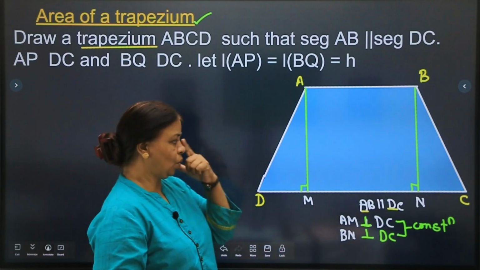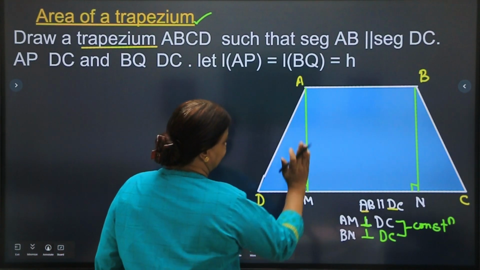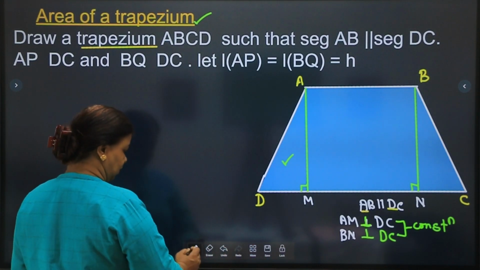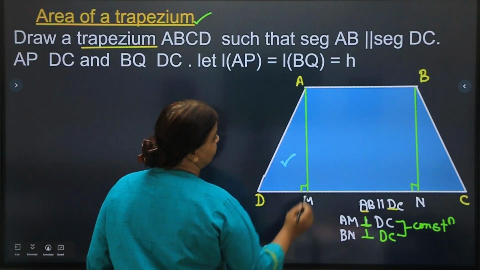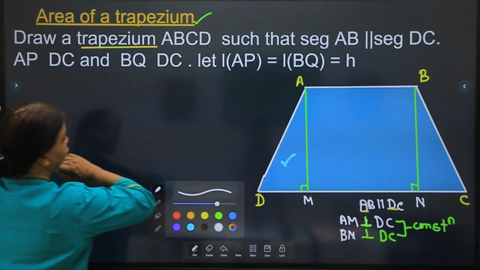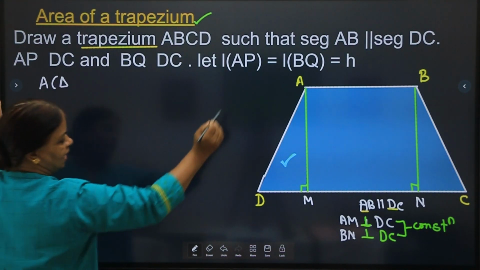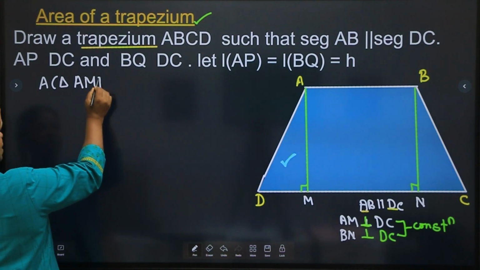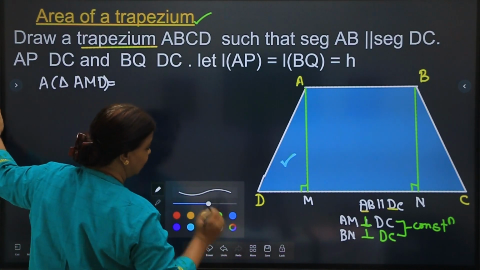Is that clear? Okay. Now what we will do, we are going to find out the area of this figure. This figure can be called a triangle. Clear? So let me find the area of triangle AMD. Children, what can you say about the area of triangle AMD?